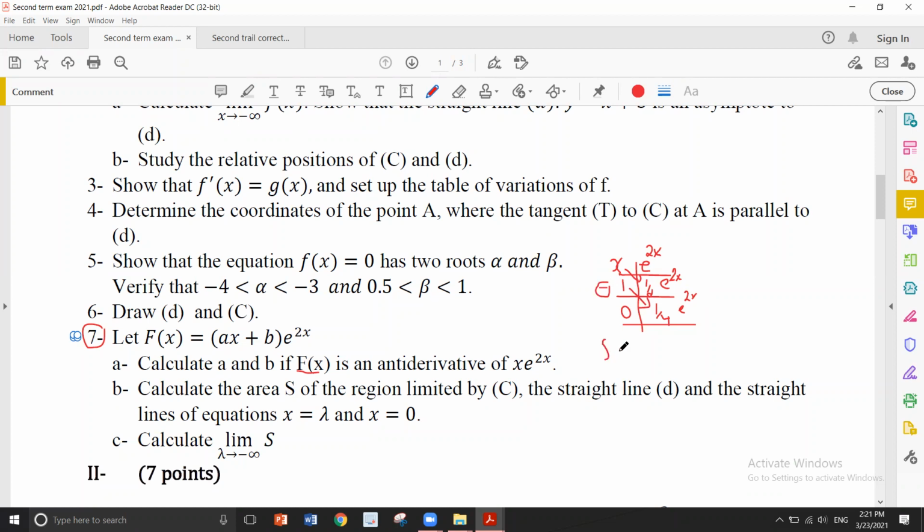So the integral of x e to the 2x dx equals x over 2 e power 2x minus 1 over 4 e power 2x.